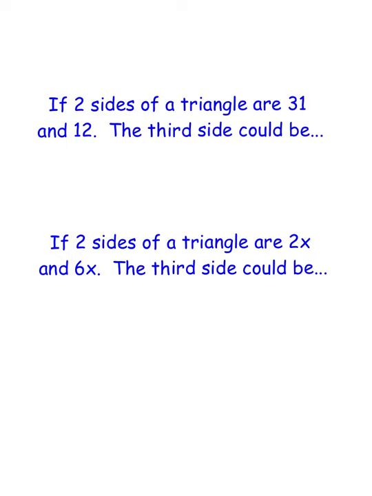Now, if two sides of a triangle are 31 and 12, the third side could be, again, we're going to take the difference, and we're going to find the sum. So if I subtract the numbers, 31 minus 12 is 19.